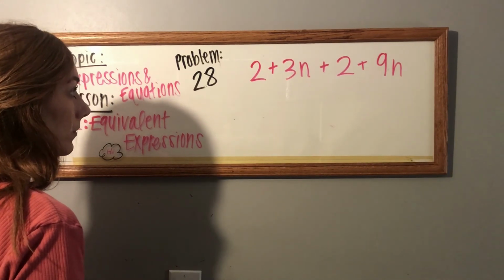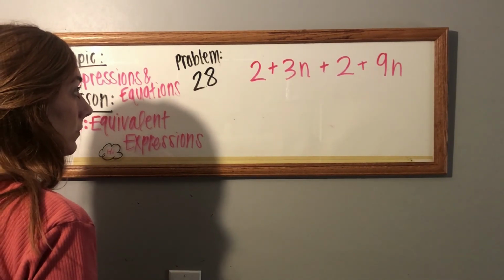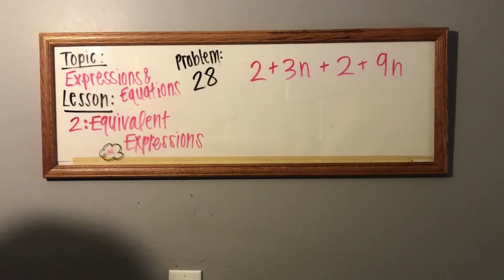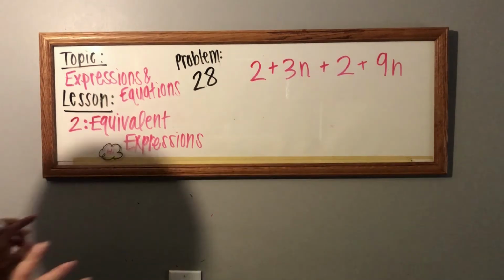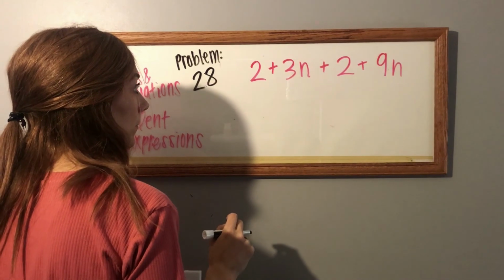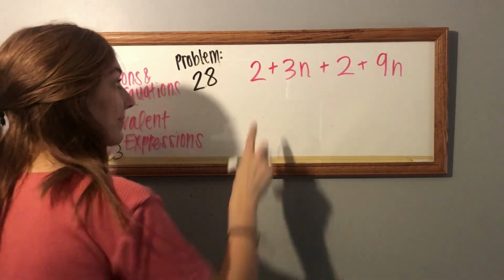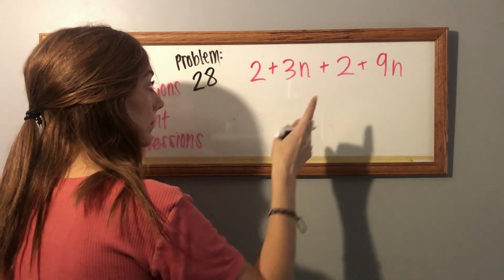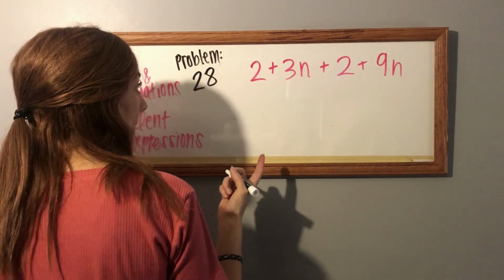My biggest thing, and I learned this earlier in this lesson, is that I can't combine variables that are squared or cubed; they all have to have the same amount of variable, or the same exponent. In this case, I'm looking at these two 2's, which have no variables on them.